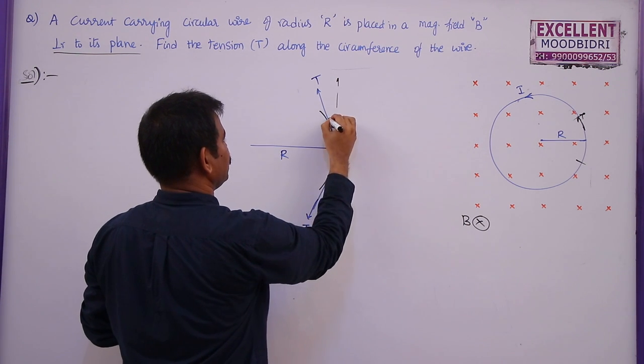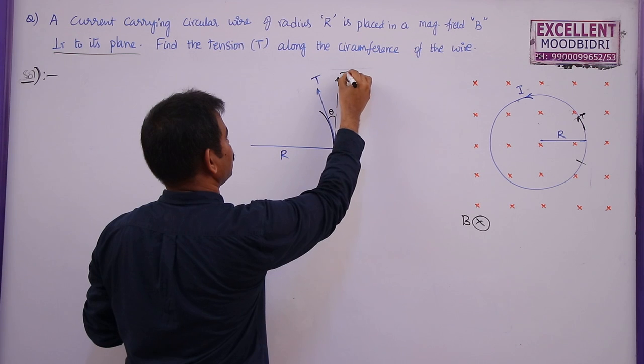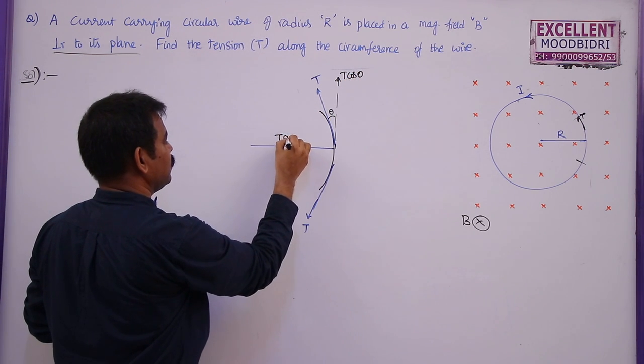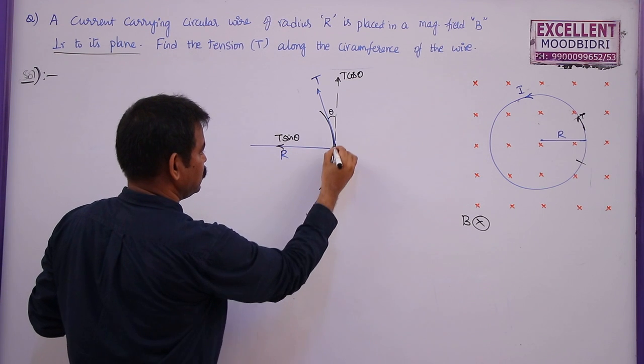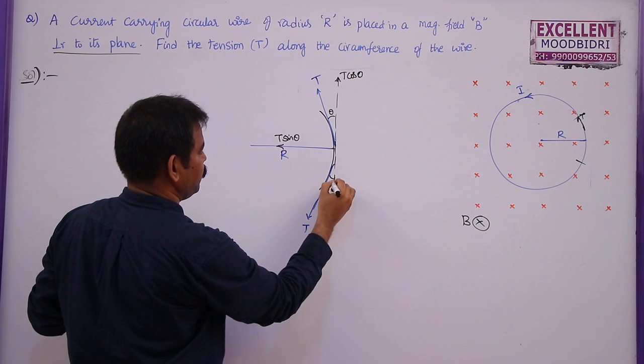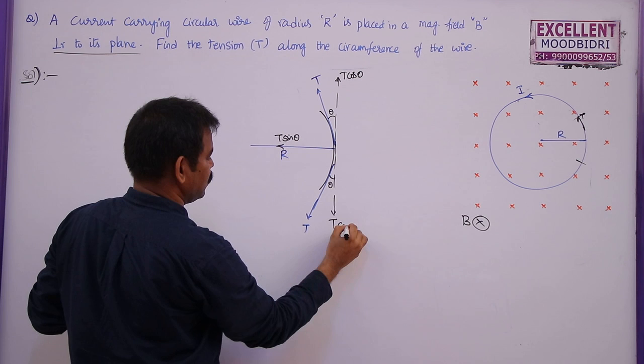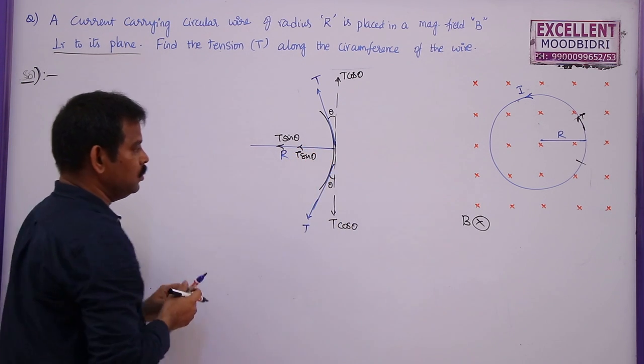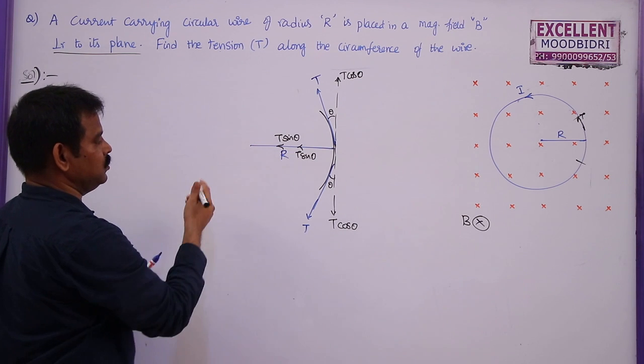If the angle is theta, this will become T cos theta, and this component will be T sin theta, and this is also theta, so this will become T cos theta, and this will become T sin theta. So what is the pulling force in this direction?